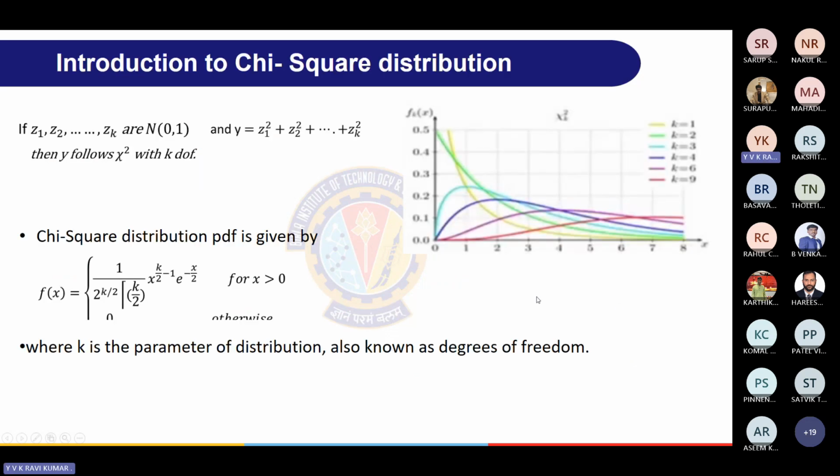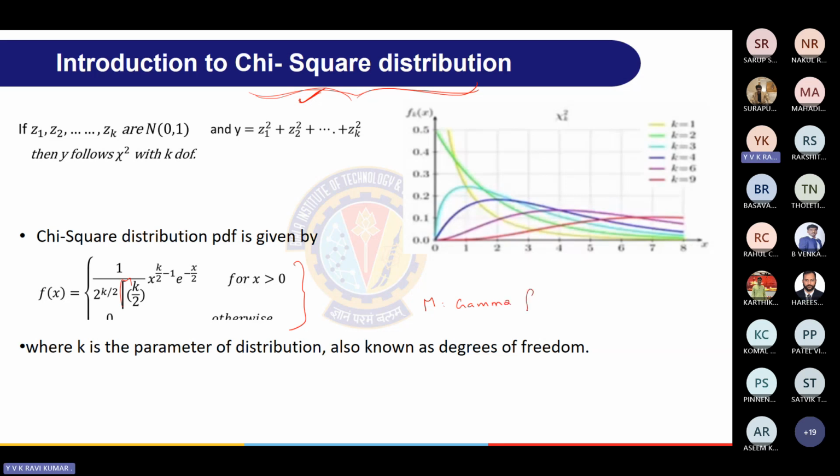Now, just to familiarize ourselves with names, another very important distribution is the chi-square distribution. Don't worry about lengthy expressions. Just figure out that there is something called the chi-square distribution, whose PDF is given by this. This involves a complicated integral called the gamma function.